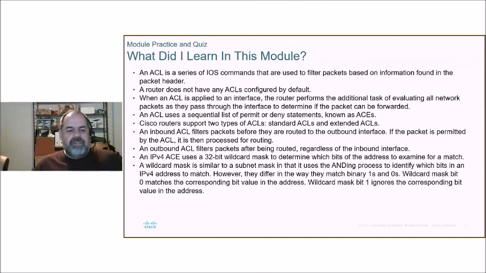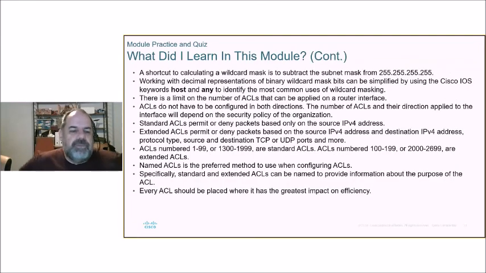A wildcard mask bit 0 matches the corresponding bit, while a wildcard mask bit value of 1 ignores the corresponding bit value in the address. A shortcut to calculating the wildcard mask is to subtract the subnet mask from 32 ones. Working with decimal representations of binary wildcard masks can be simplified by using the Cisco IOS keywords host and any.